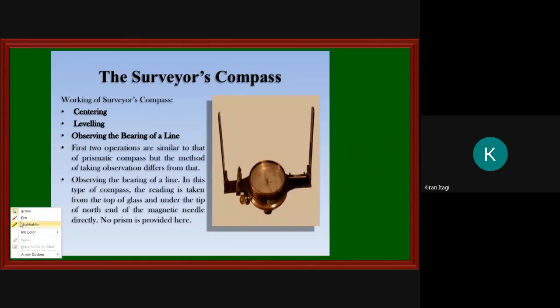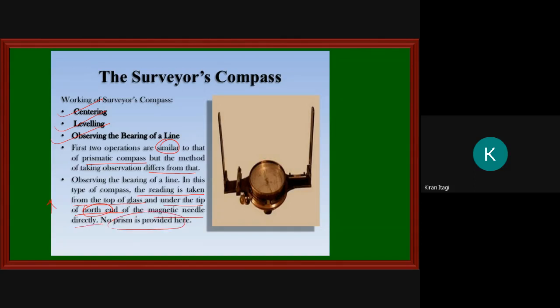Here also the same thing, we will go for centering, leveling and observing the bearing of the line. The first two operations are similar to those of the prismatic compass, but the method of taking observation differs. In observing the bearing of a line in this type of compass, the reading is taken from the top of the glass, under the tip of the north end of the magnetic needle directly.